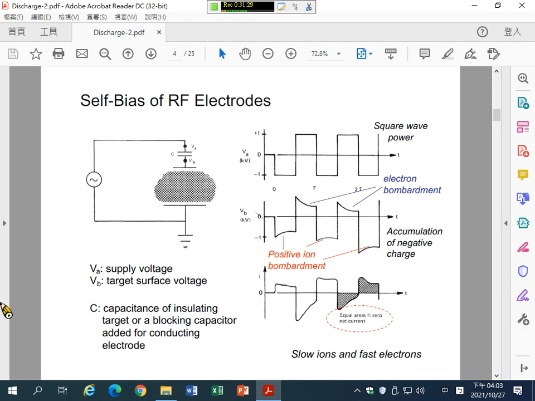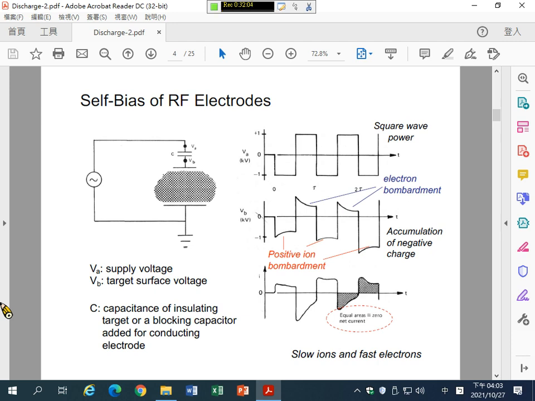And for the ground electrode, the voltage reading is always 0 volt. Always 0 volt, in this half cycle, or the other half cycle. But in this case, for example, at least in the first half cycle, the top electrode here is minus 1,000 volt and the ground electrode is 0 volt.